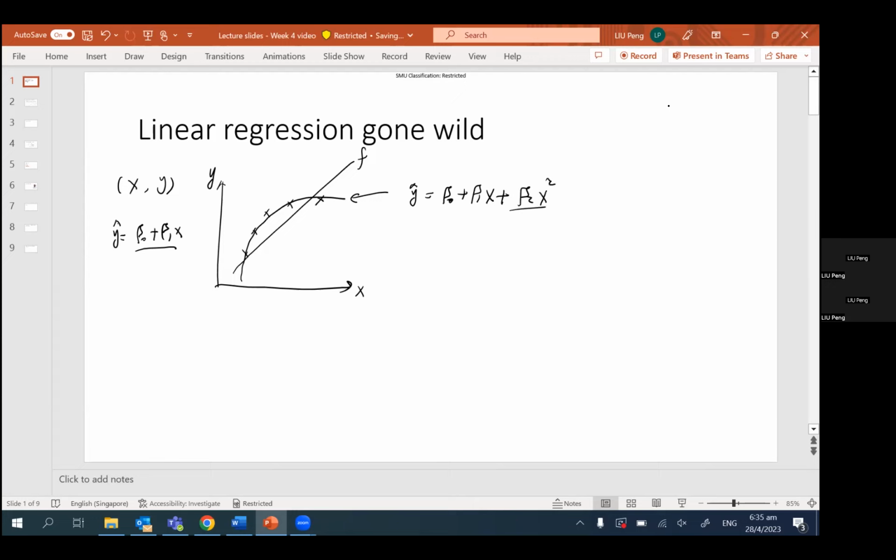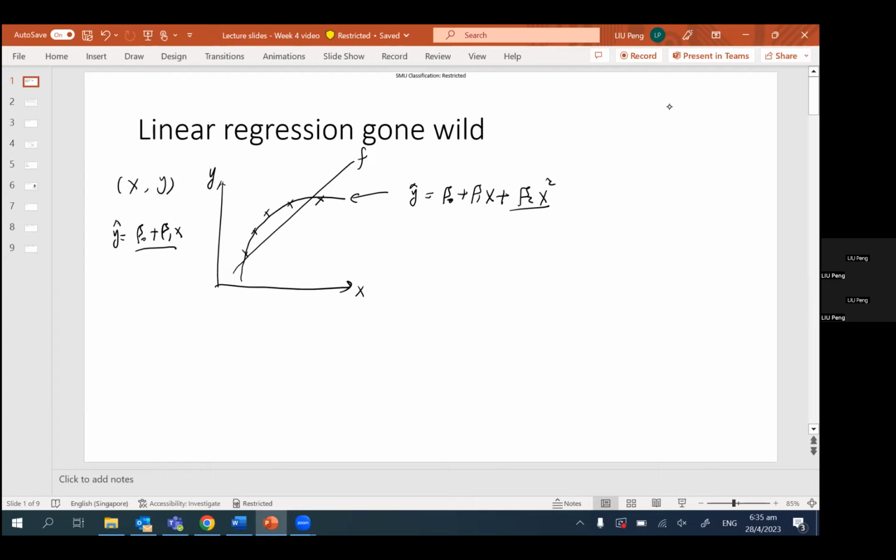This x squared is an additional term, and we can calculate it just based on our knowledge of x, because we can square it and treat it as an additional feature. This type of feature engineering is very powerful because it adds to the model complexity. The model becomes more flexible and more complex. That's why we can build a curve here.